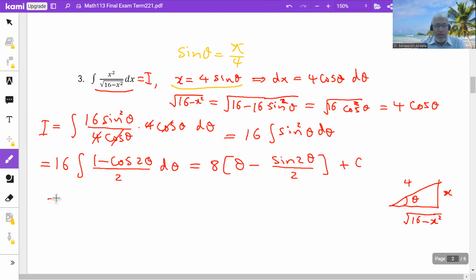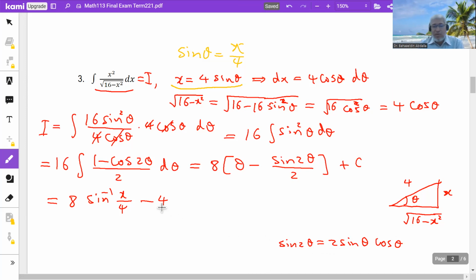Then now I can write the final answer, 8 theta. But what is theta? Well, sine theta is x over 4, so theta would be sine inverse x over 4, minus 8 over 2, which is 4, times sine 2 theta. And what is sine 2 theta? Well, you have to remember that sine 2 theta is 2 times sine theta cosine theta. There is a formula for sine 2 theta.